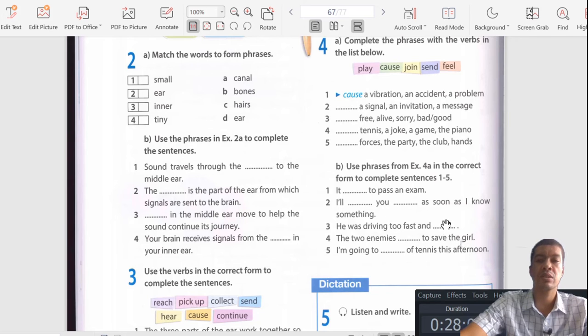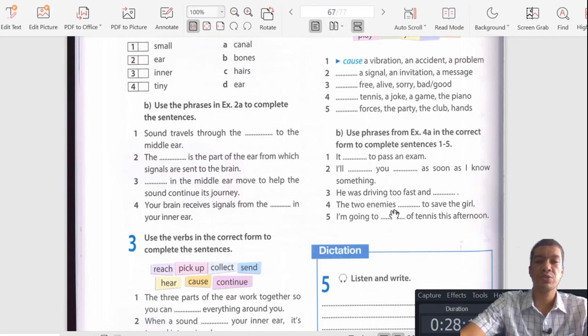Remember, we are going to complete all of these phrases by ourselves. Number 4, the 2 enemies to save the girl. Alright, what did I say about the 2 teams? We can use join forces to save the girl. Alright, 2 are better than 1 and they are stronger.